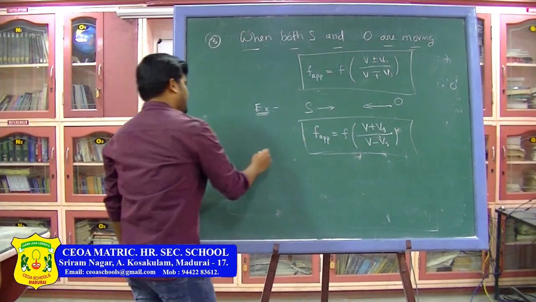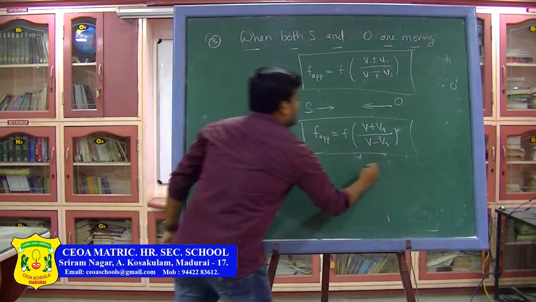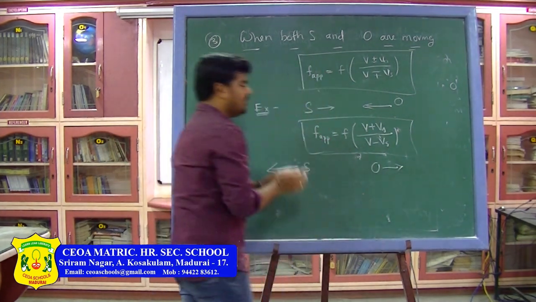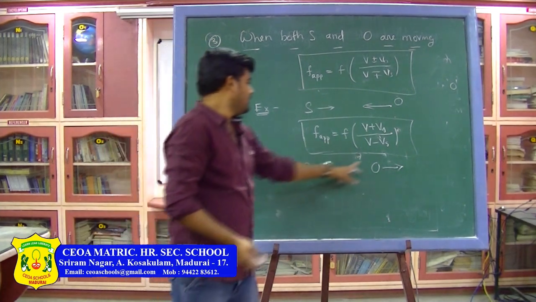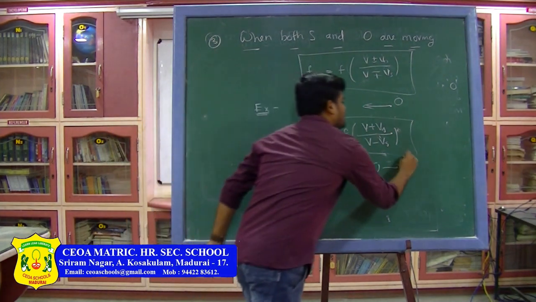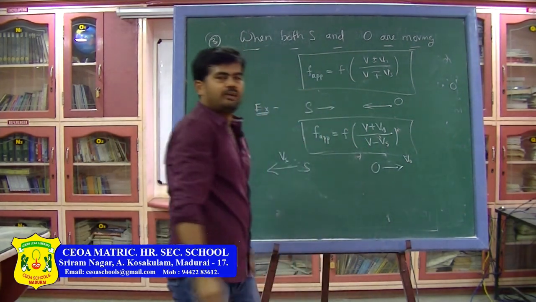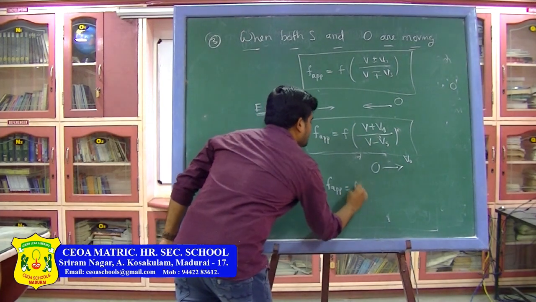When they are moving away, that means the source is moving and the observer is moving, they are receding from each other. In this case, this is the source speed and this is the observer speed. The apparent frequency is given by f apparent is equal to f into.